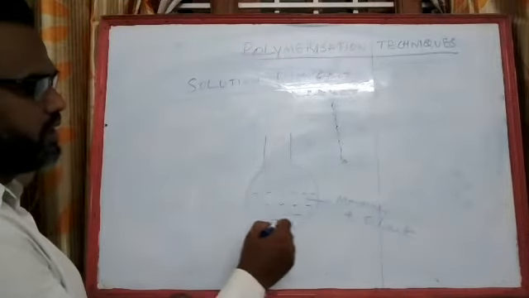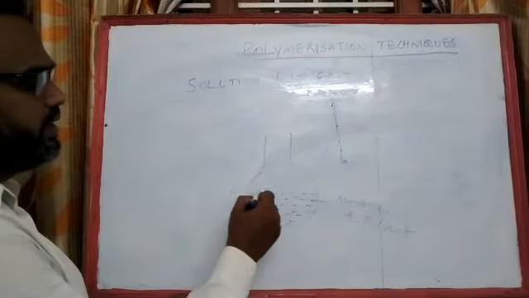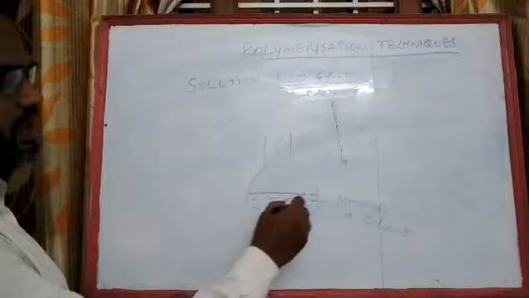So we have a solution form of monomer, which is very light and liquid.